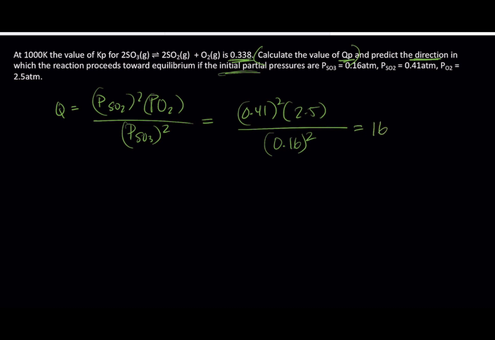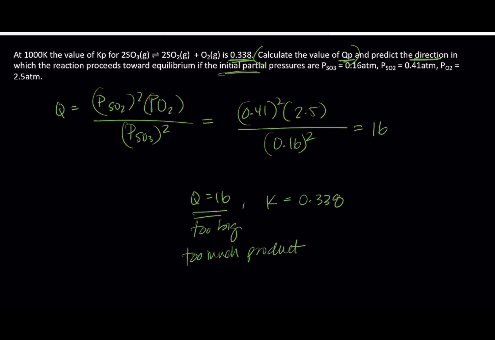And then we would look at Q versus K. If Q is equal to 16 and K is equal to 0.338, that means this value is too big. One way to look at that is that there is too much product present.